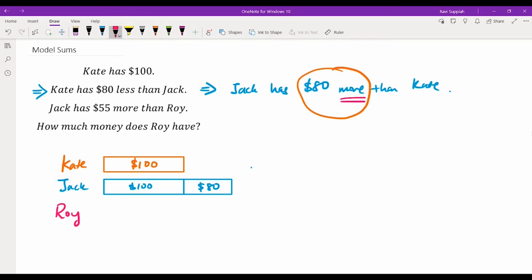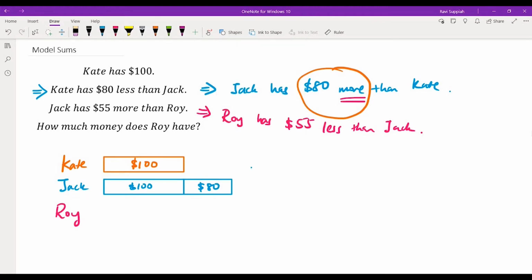That also means that Roy has $55 less than Jack. That means the model that I'm supposed to draw for Roy has to be smaller. Alright, that means the dimension has to be smaller than what I've drawn for Jack.